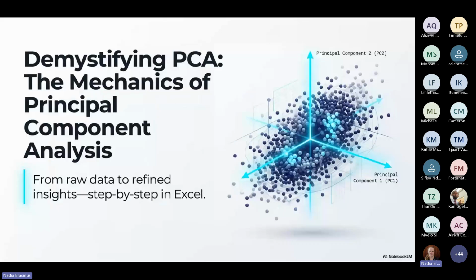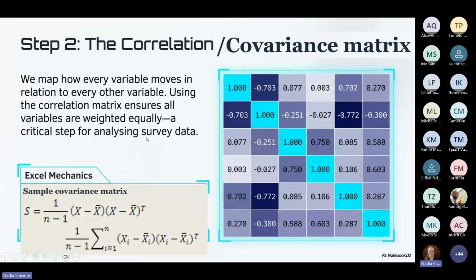It's the same formula. It's just that I have made it so that it is easier to understand. Instead of having the difference of x minus the average of x multiplied with the x minus the average of x transpose, so this is the whole summation.